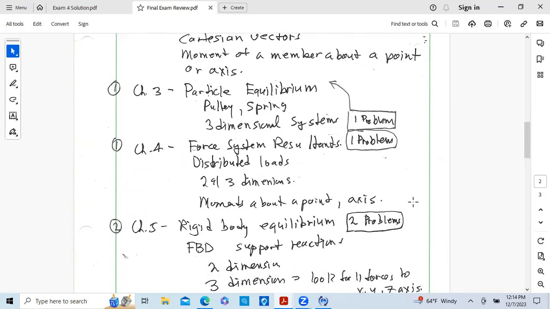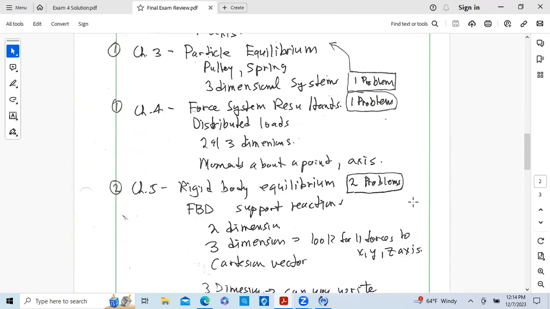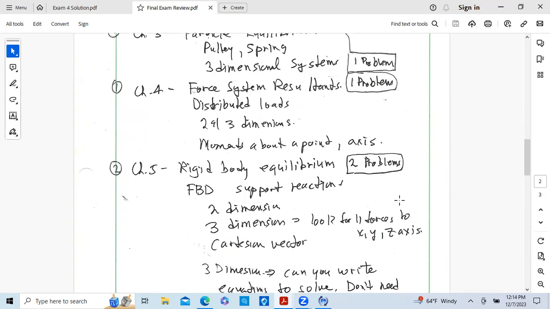Chapter 5 will have 2 problems. Out of all the chapters in statics, this is probably the most important in terms of concepts and how it ties in with many of the other problems that we look at in statics.